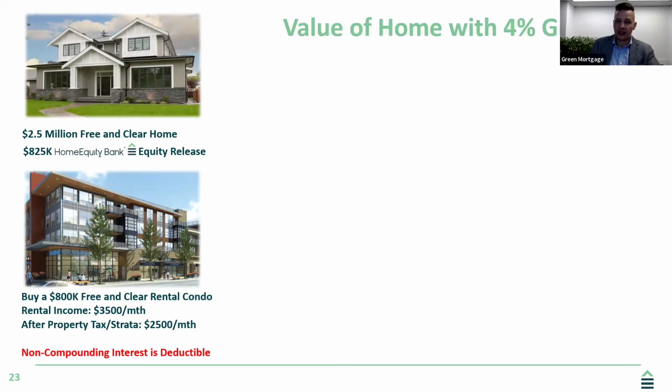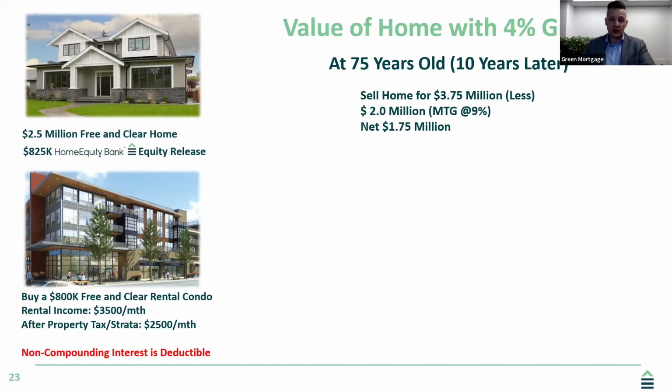So now if they get to keep their home and that home is appreciating at 4%, when they're 75, 10 years later, assuming a 4% annual appreciation, the home is being sold for $3.75 million, and the mortgage would go up from $825,000 up to about $2 million. That's the effect of the reverse mortgage going up over time at a rate of 9%.